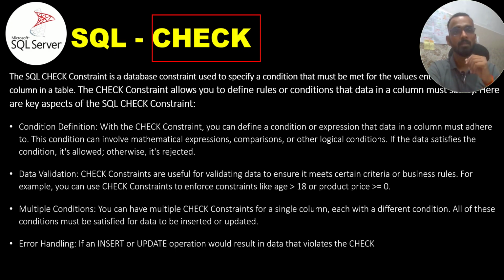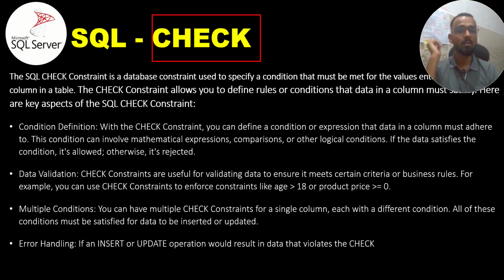And there is a column called email id. If the domain is, let's say, Gmail, it should not be accepted. So this kind of check we have to define. It could be user defined, and sometimes we have to create that thing.